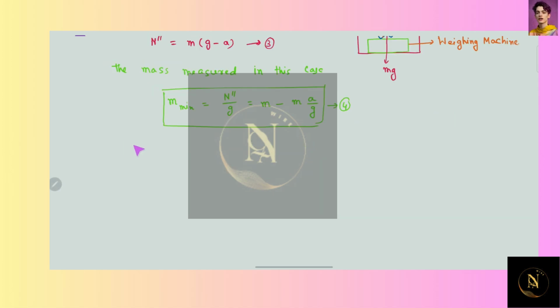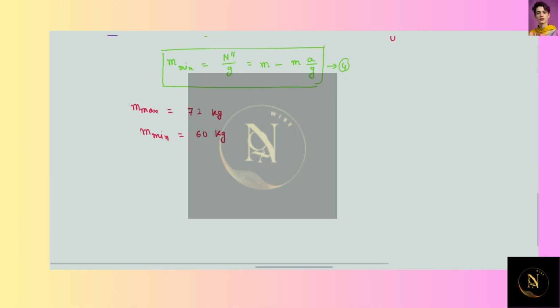Then from 2 and 4, by adding the two equations, second and fourth, we will get m max plus m min equals 2m, or from here I will get the actual mass of the person as m max plus m min divided by 2.